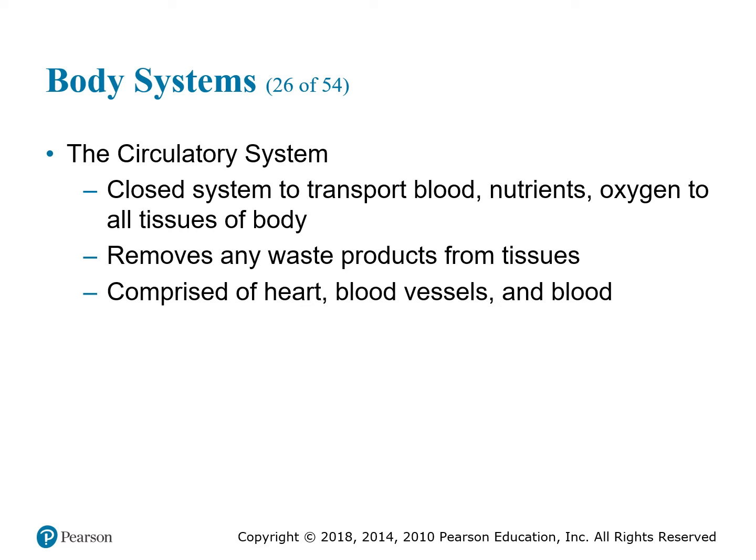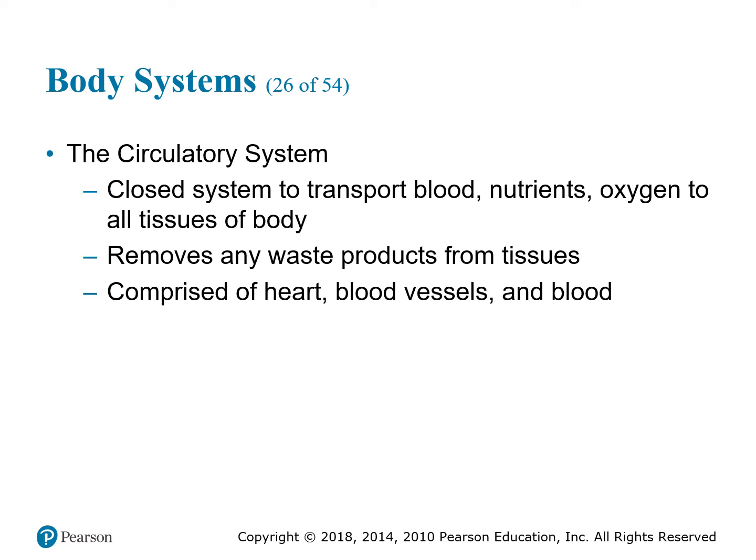Now, the circulatory system. The circulatory system is a closed system to transport blood, nutrients, and oxygen to all tissues of the body, and then removes any waste products from the tissue. So the circulatory system is that transport system. Now, the delivery of oxygen, glucose, and nutrients to the cells and the removal of waste products is the definition of perfusion.